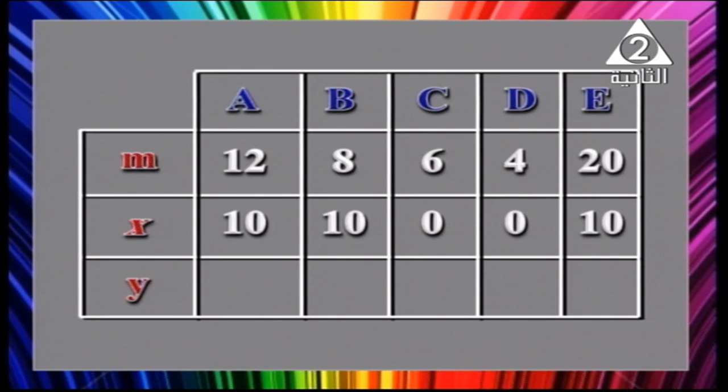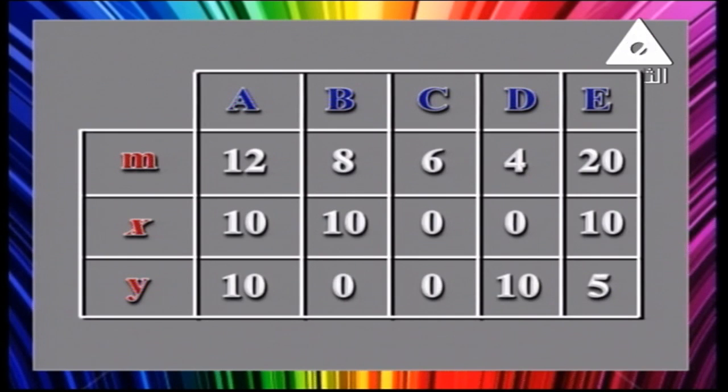Coordinates of Y: 10 at A, 0 at B, 0 at C, 10 at D, 5 at E. Remember, my dear student, we take the point C as the origin point.